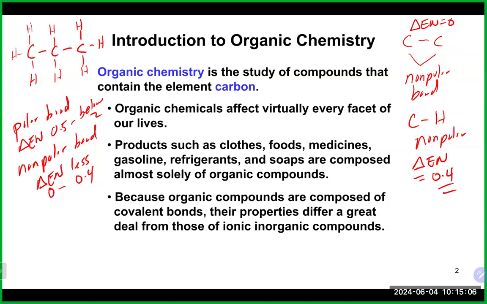Nonpolar bonds mean electrons are shared equally, which means there is no negative side or positive side to that bond. Polar bonds, as you know, mean electrons are shared unequally, and there's a positive side and a negative side to that bond because of the unequal sharing of electrons.